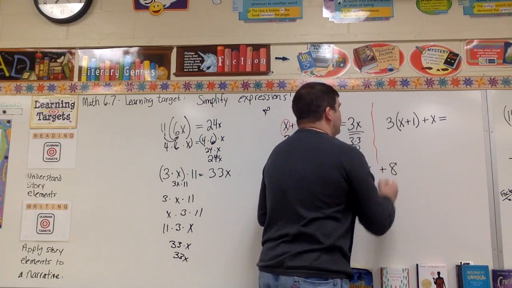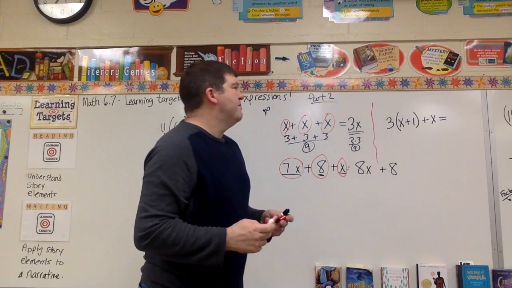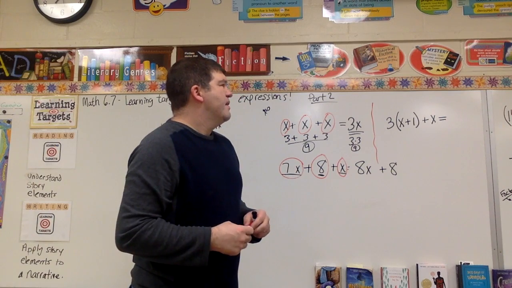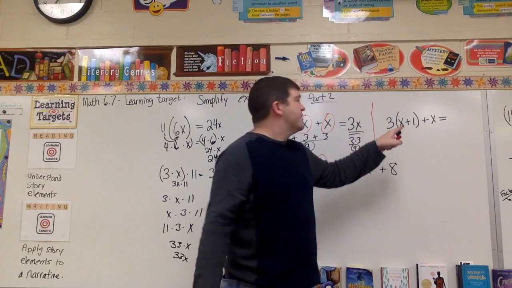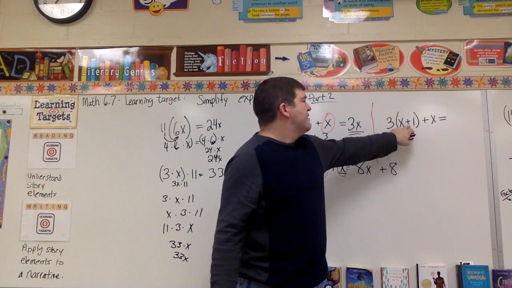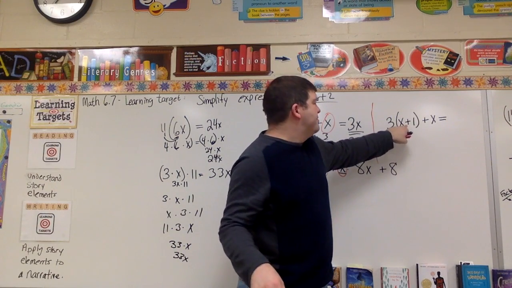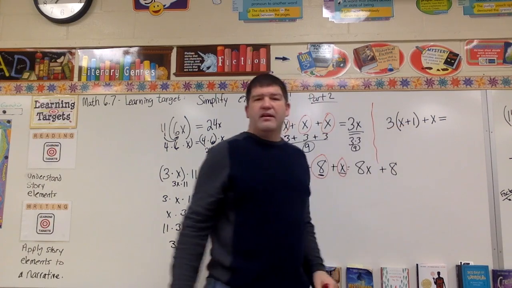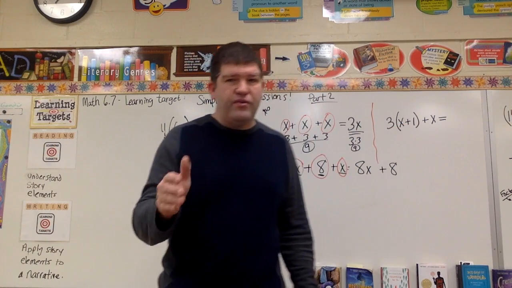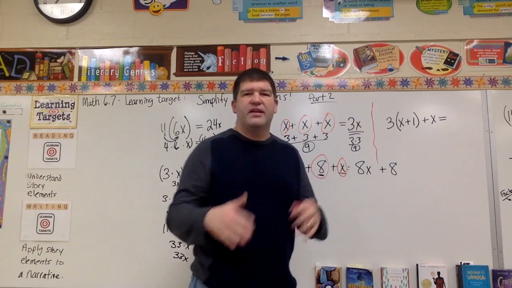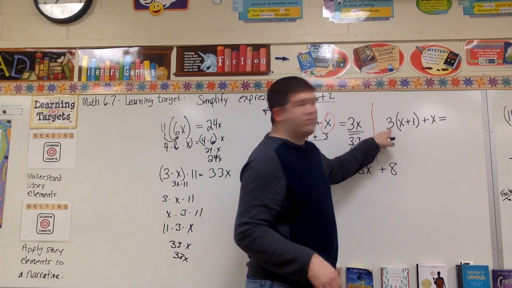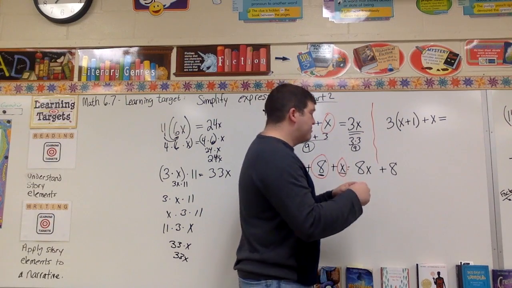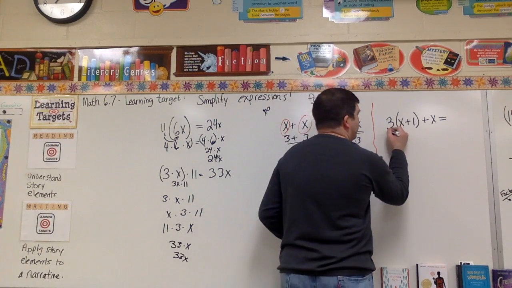Let's look at this one. Okay. This one I need to do, so I do the parentheses first, x plus 1. Separated by a plus means I have two terms here, x and 1. Are they like? No, they're different. So I can't put those together. But I can distribute this 3 because this 3 is multiplying to everything in here.